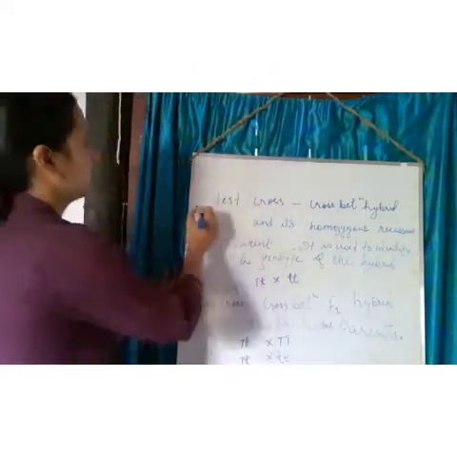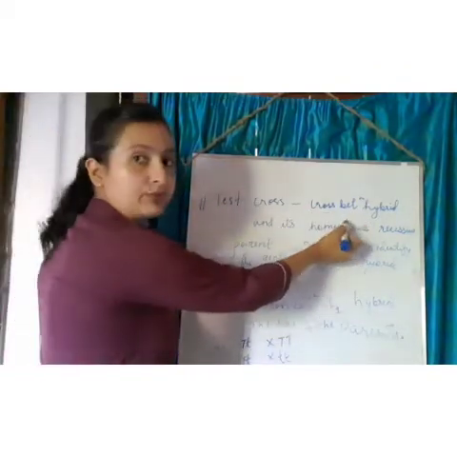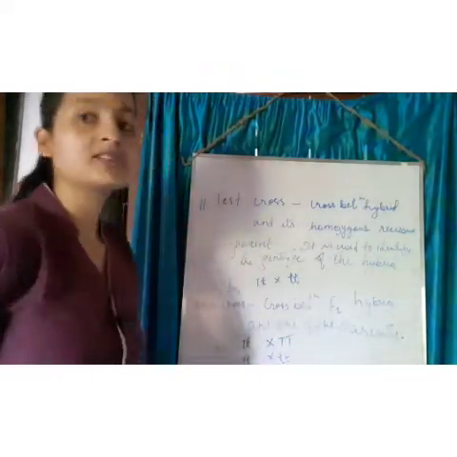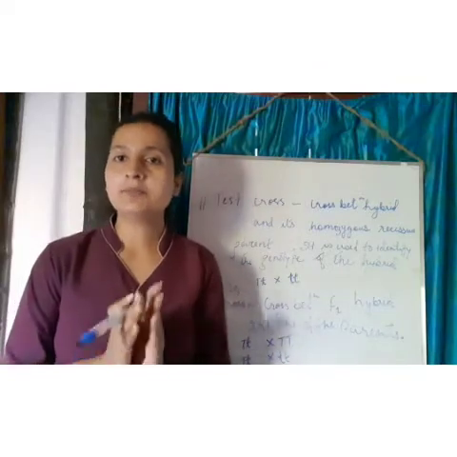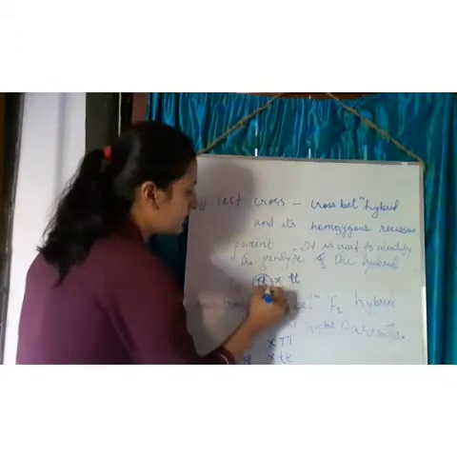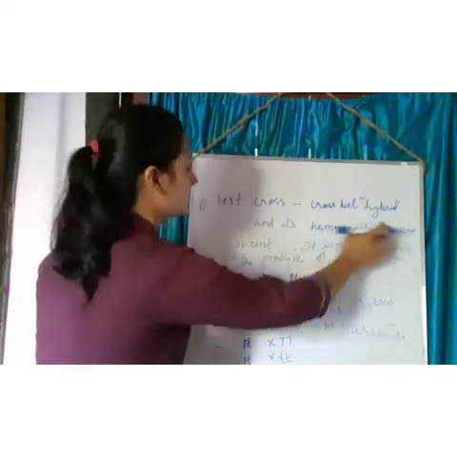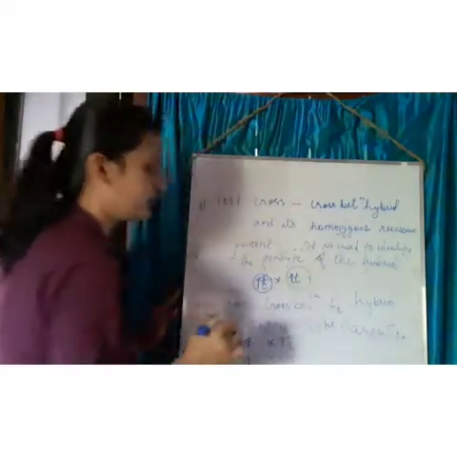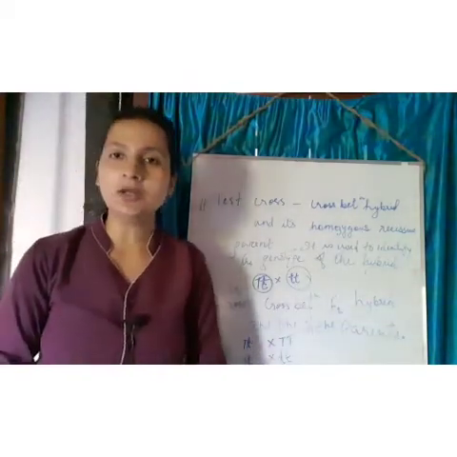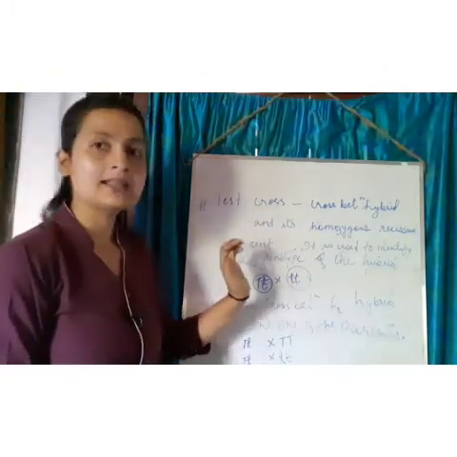So the first is your test cross. Now what is test cross? It is a cross between a hybrid, and hybrid means what? The progeny which is obtained by crossing two parents with different traits. So here you see this is the hybrid, correct? And it is crossed with the homozygous recessive parent. So this is the recessive trait. I have just mentioned that the dwarf character is recessive, which is weak, you can say, which does not express its character itself.